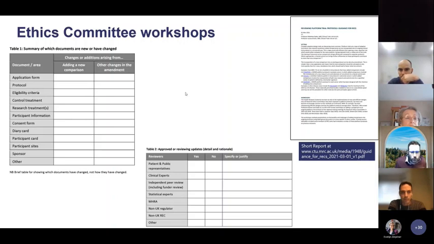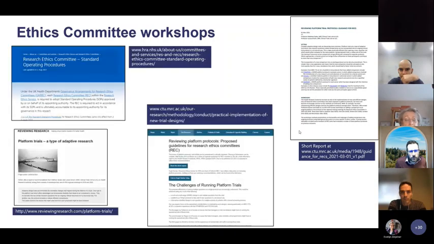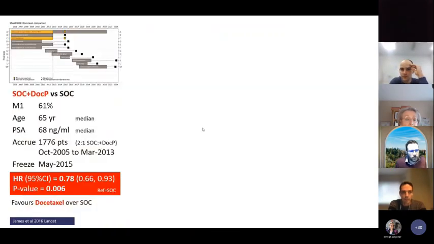And then there's a table for recording as well. So we've got a report about that online. The MHRA and HRA have started to adopt this. It's in their standard operating procedures, and you can find a nice blog about it by Hugh Davis, who used to be the National Ethics Advisor in the UK.